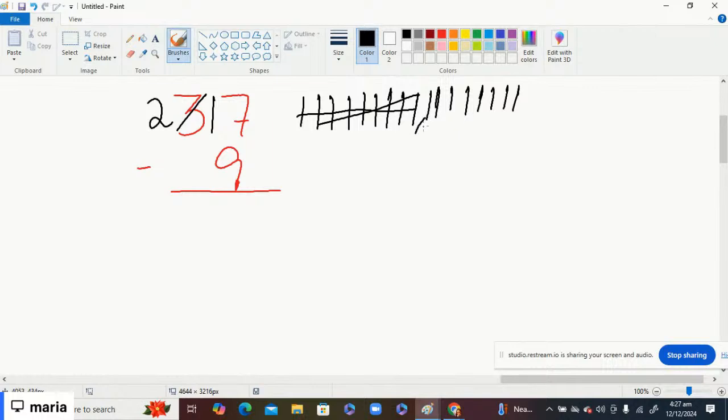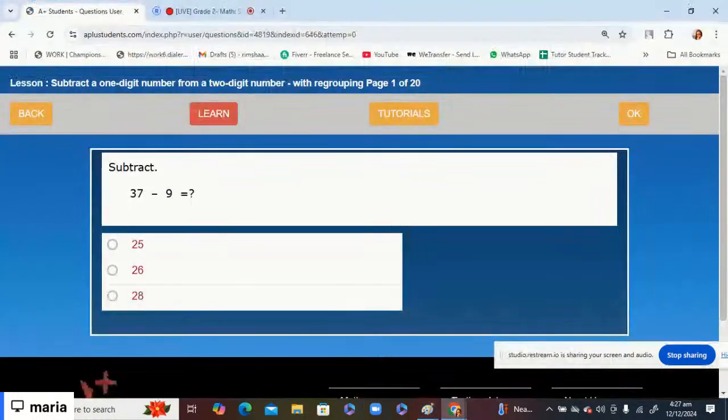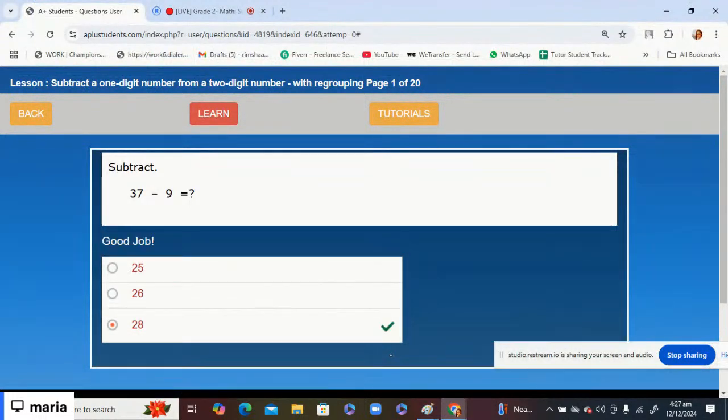Now how many are left? 1, 2, 3, 4, 5, 6, 7, and 8. Putting 8 here. Now this 2 stays as it is here. This is 28. Alright. Let's check. Is there any answer for 28? Yes, it's here. This is the right answer.